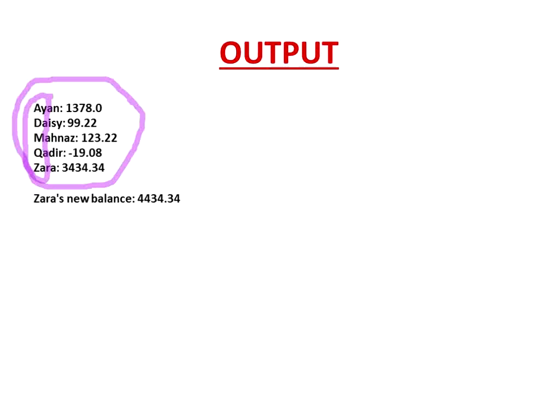So A comes first. It's in ascending order. So A comes first, then D, then M, then Q, and finally Z. Okay? No, not by value, by key. It is by key. Now it's clear, that's good.